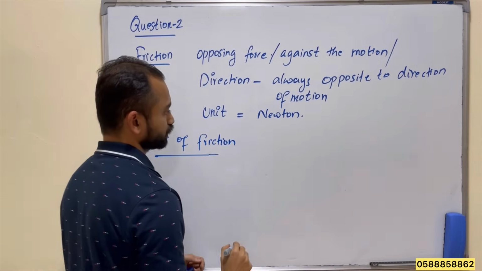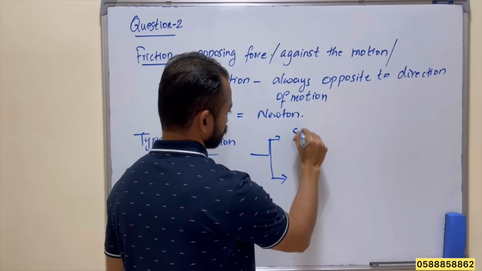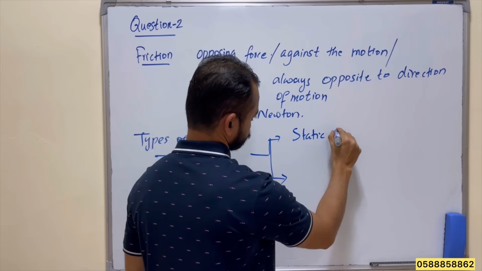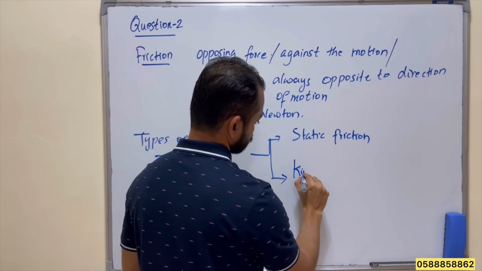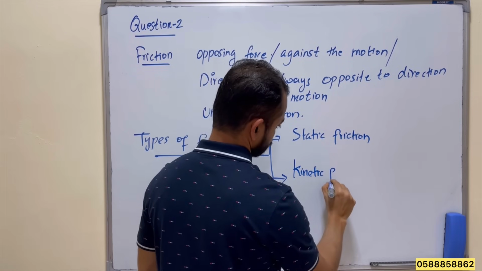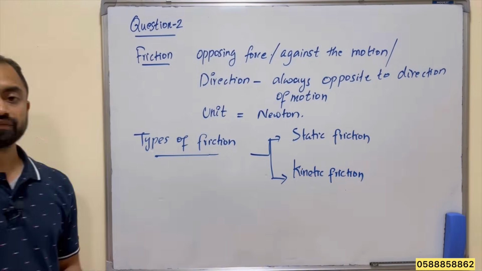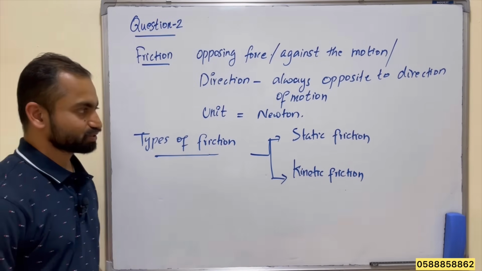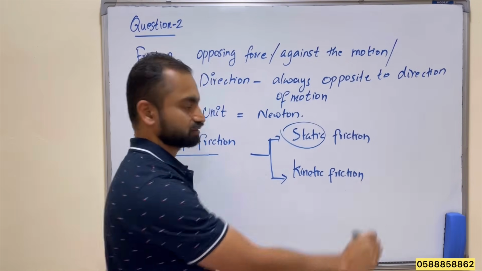So we have two types of friction. Static friction and kinetic friction. So what is the meaning of static? Electrostatic.